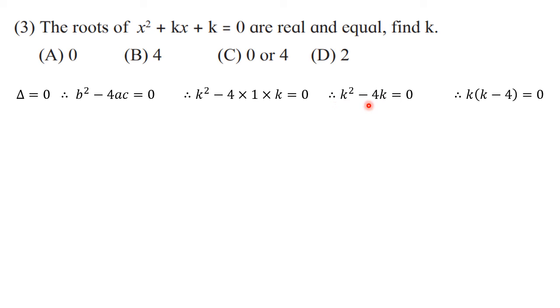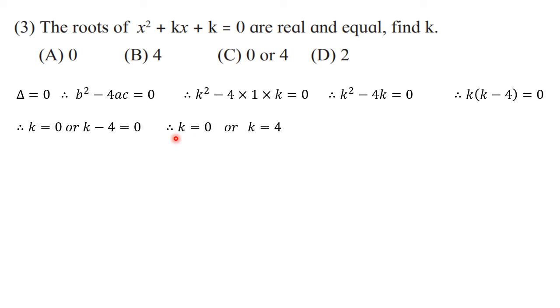From here we can take out k common. And then k into the bracket k minus 4 is equal to 0. Don't cancel k, otherwise you will get a wrong answer. You know that always we are grouping and taking out the things common. Now here we are going to have two options, that either k is 0 or k minus 4 is equal to 0.